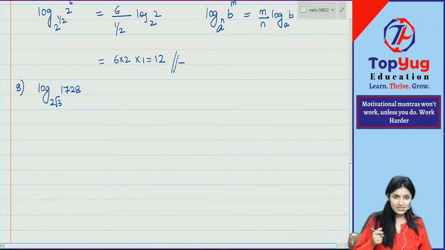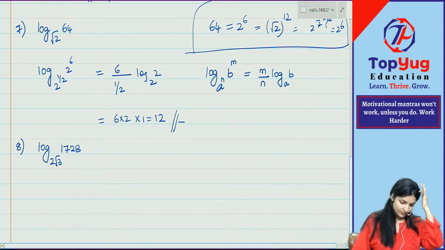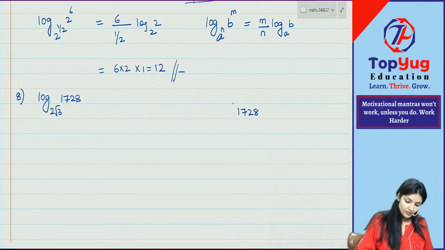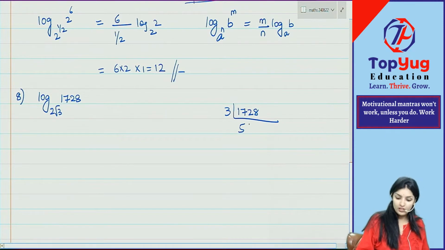Are you all done with 7? So I start with the table of 3. 3 5s are 15, 3 7s are 21, 3 6s are 18.